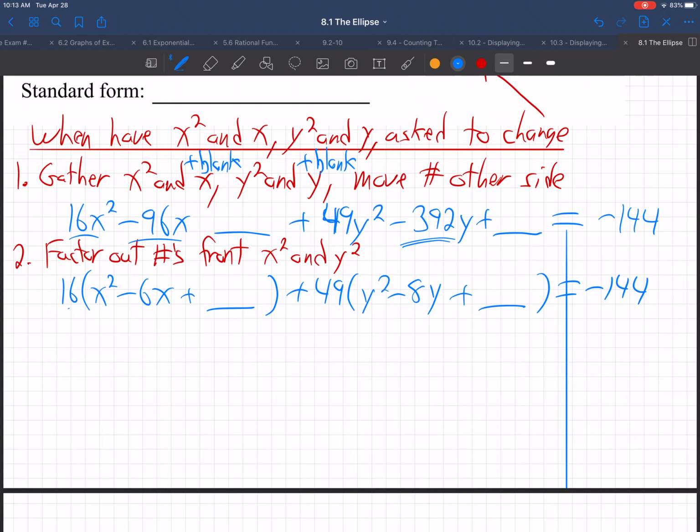Okay, so now step 3. Here's the crucial step. Take the middle number divided by 2 and squared, put in the blanks.